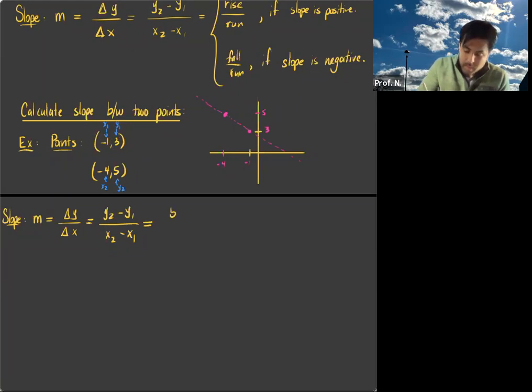So now I use the formula. y2 is 5, y1 is 3, x2 is negative 4, minus x1, which is negative 1. So 5 minus 3 is 2. Negative 4 minus negative 1 is negative 4 plus 1, which would be negative 3. So 2 over negative 3. So that's the slope.